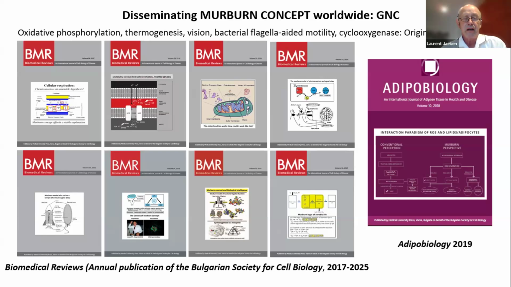Here, on this slide, are 8 front pages of Biomedical Reviews showing the work of Professor Manoj. It's a lot, 8 front pages. There was a front page also in Adipobiology, because in Murburn it becomes a very simple system.